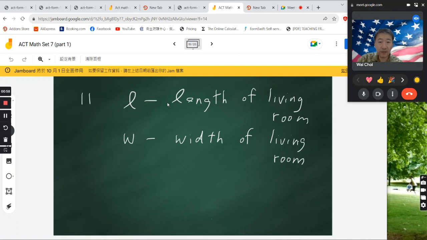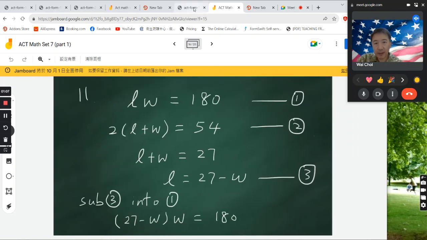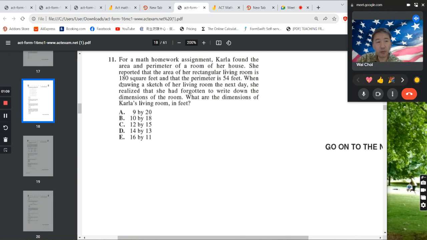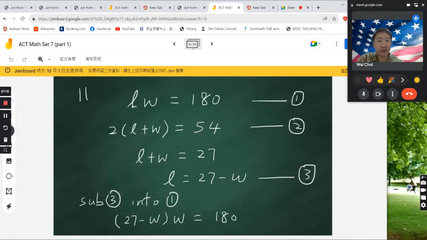The length of the living room is L. The width of the living room is W. And secondly, we know the area is 180 square feet and the perimeter is 54 feet. So what does that mean? It means L times W is 180 and 2 times (L plus W) is in fact 54.